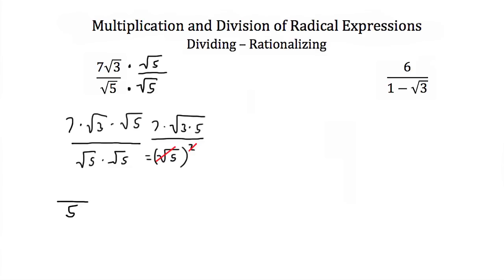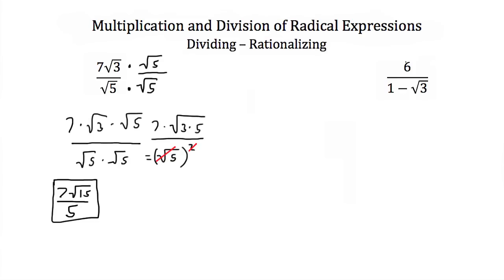In my numerator, I have 7 times the square root of 3 times 5, or the square root of 15. So 7 square roots of 3 divided by the square root of 5 is just equal to 7 square roots of 15 divided by 5. Now let's look at our last problem.